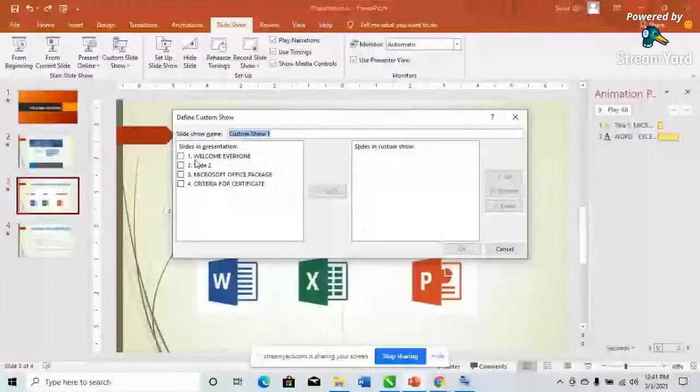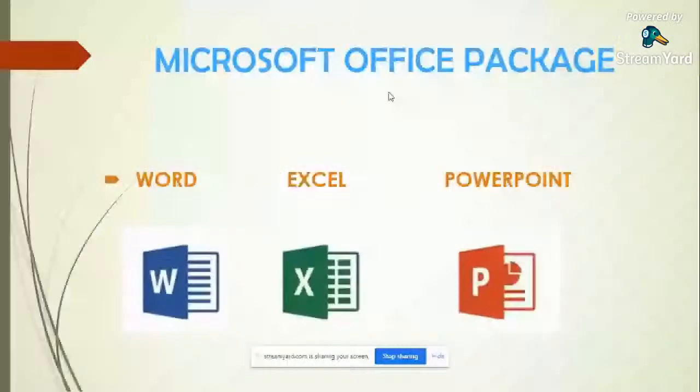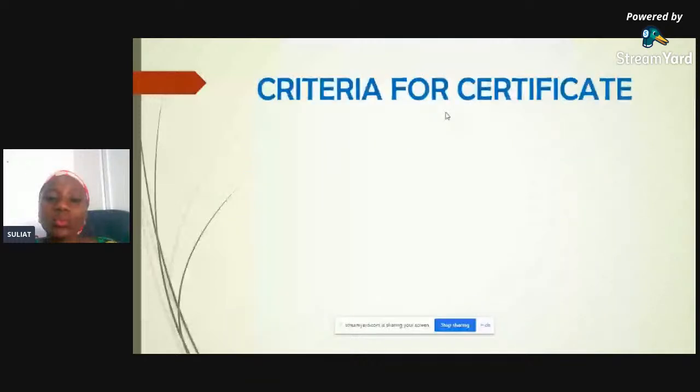I want it to show. Click on this, add, then click on this, add. Then OK. Click on show. So that means that whatever I do, slide 2 will not show. Custom.